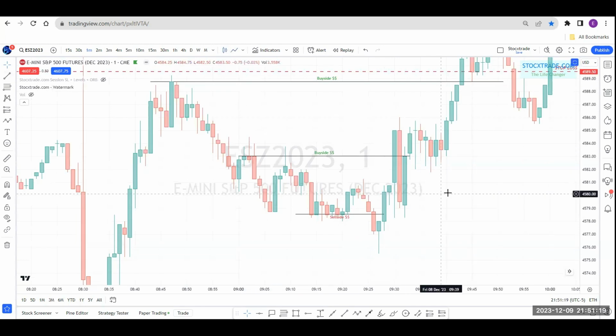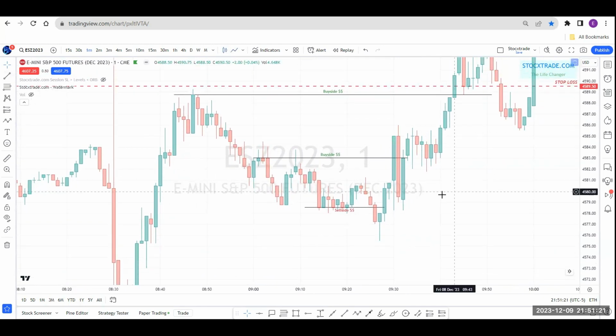So what happened at 9:30 is that this candle formed and came down, and it ate the sell side liquidity.